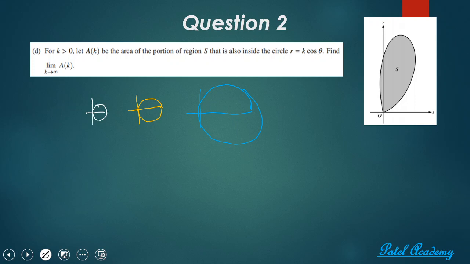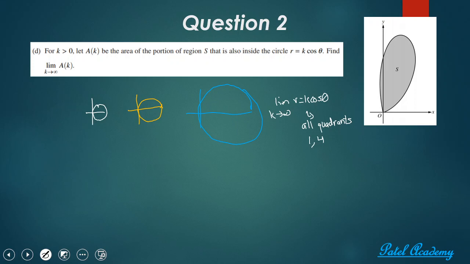However, as k goes to infinity of r is equal to k cos theta, that function is going to become all of quadrants 1 and 4. Right? It's going to encompass all of the right hand side of the y-axis.